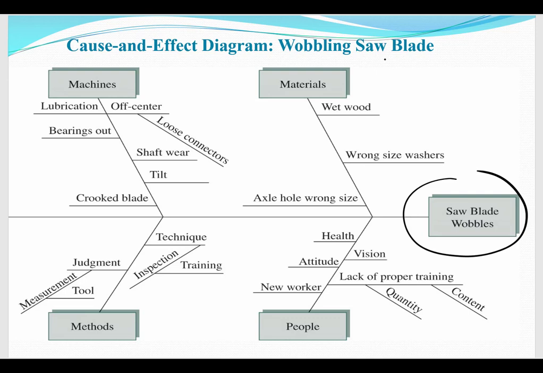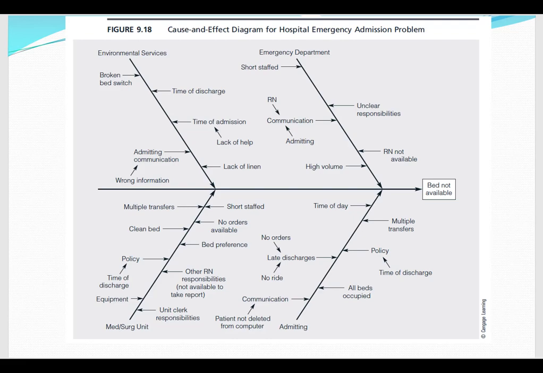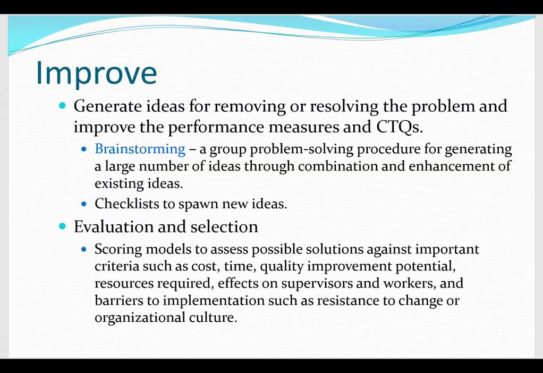For example, for materials, it could be that the wood is wet and we can't saw it properly. It could be that the wrong size washers are being used, or it could be that the axe hole is the wrong size. So this is a root cause and effect diagram, and here's another example from your book.